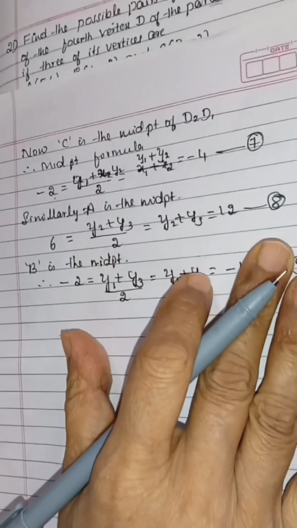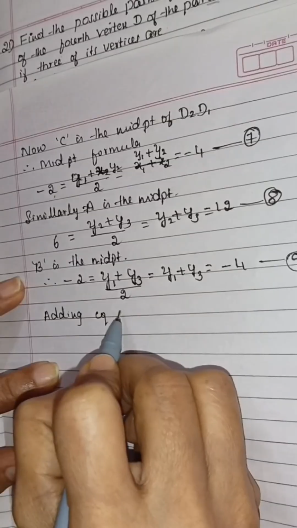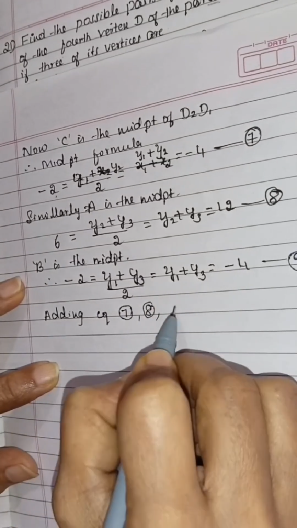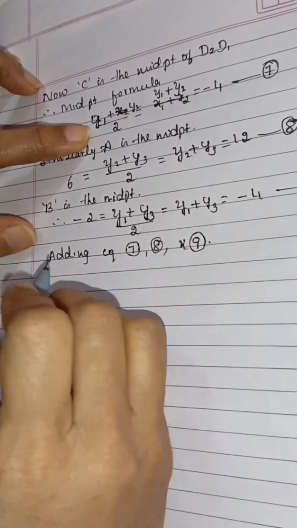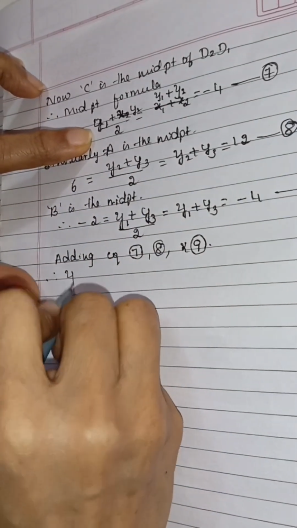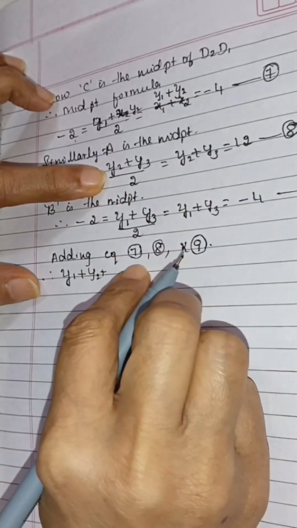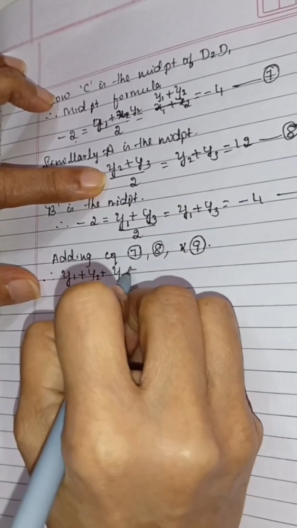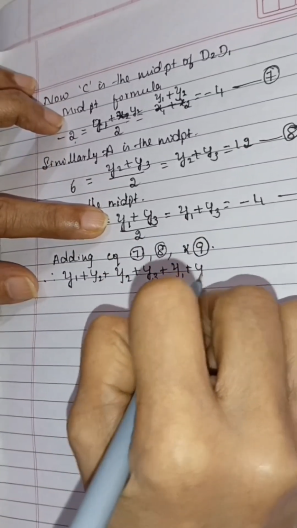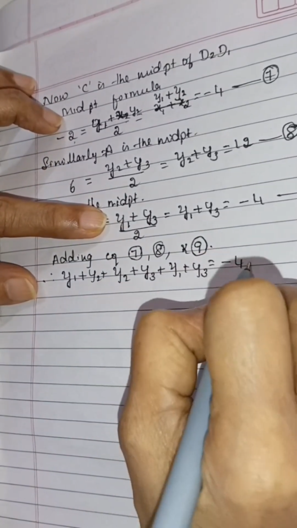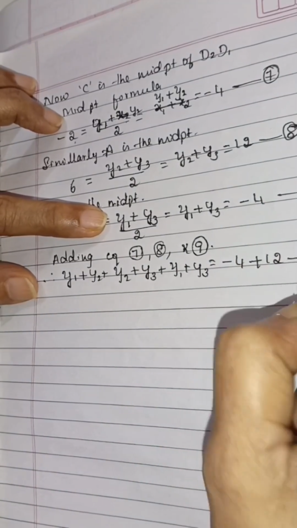Now we have to add equations 7, 8 and 9. Add the left hand side first: y1 plus y2, plus y2 plus y3, plus y1 plus y3, equal to minus 4 plus 12 and minus 4.